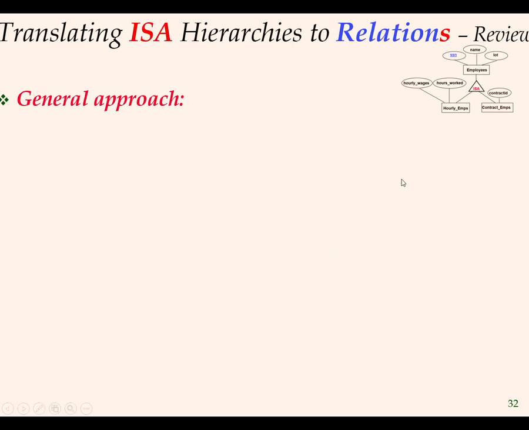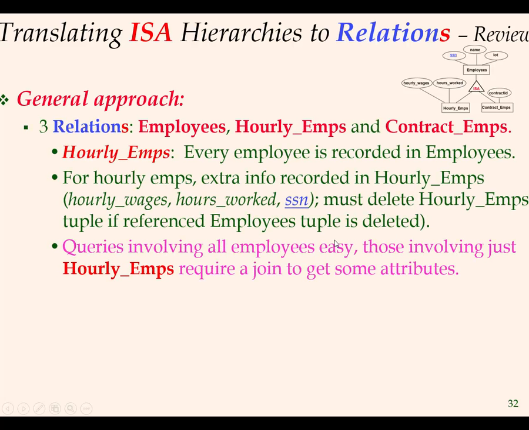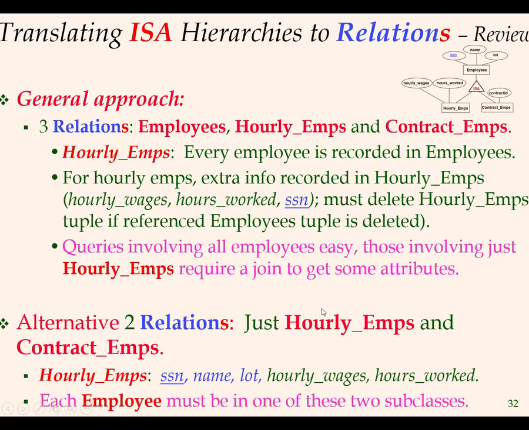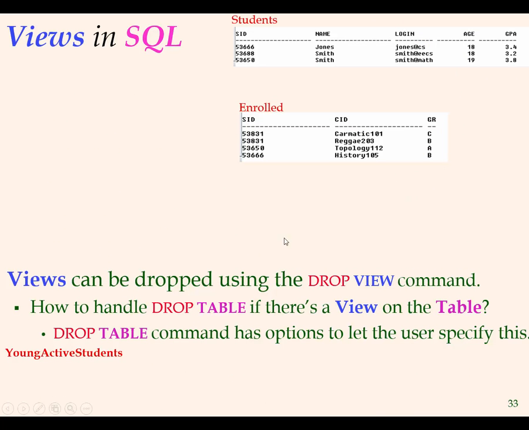But converting this to relations, we did look at the two different approaches. First, I create three relations, 1, 2, 3, but this will actually pull the SSN from the employee. Or I can actually create two relations, and again, I have to repeat all this in the two relations. So these are the choices.